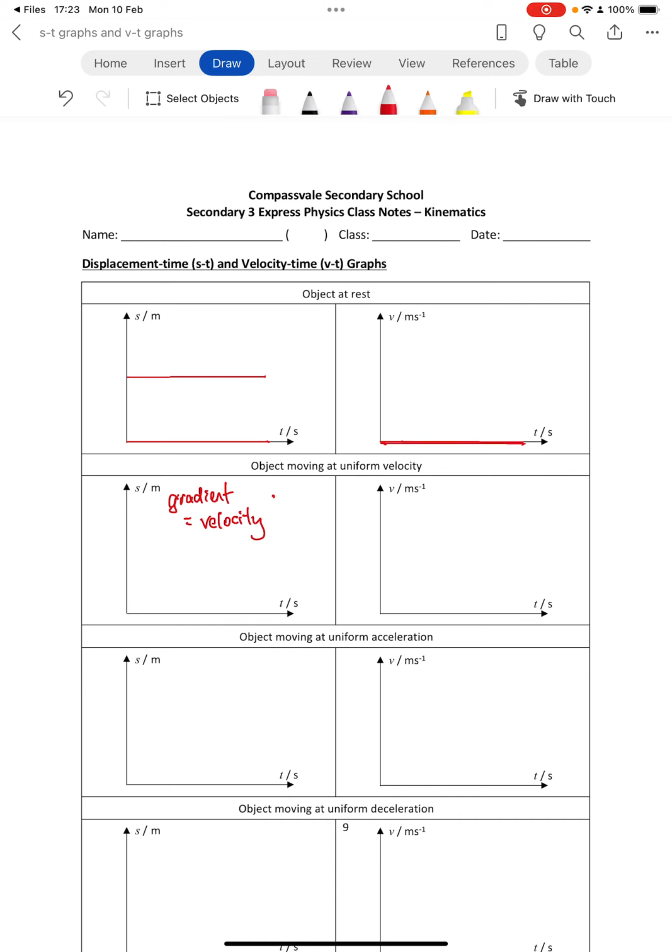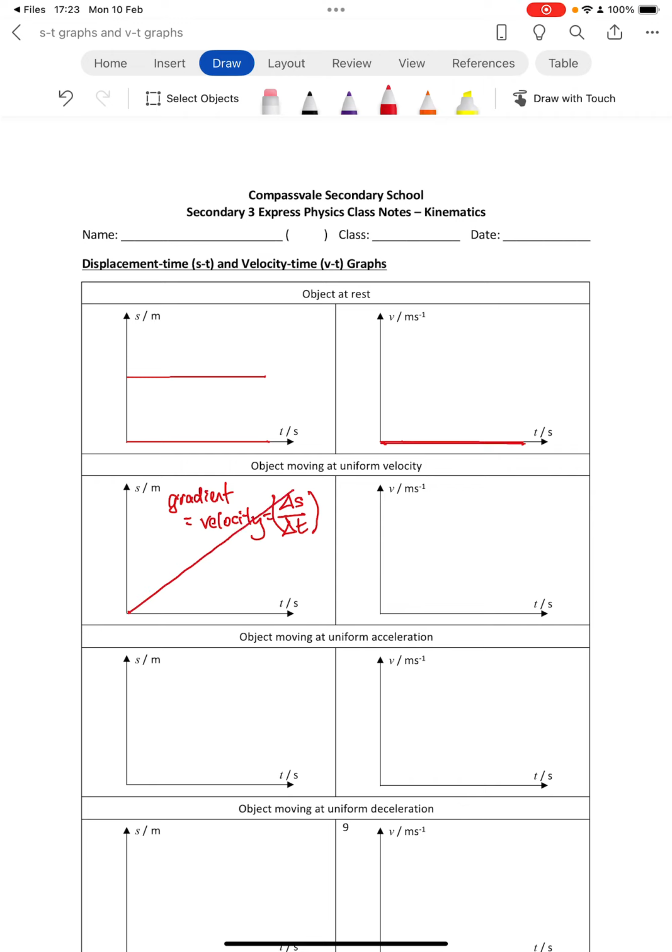So I put it here in brackets, which is the change in displacement per unit time. That is why the gradient of a displacement time graph is velocity, and since the velocity is uniform, it means that the gradient is uniform, or constant.